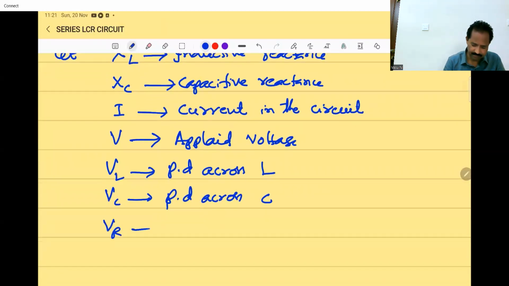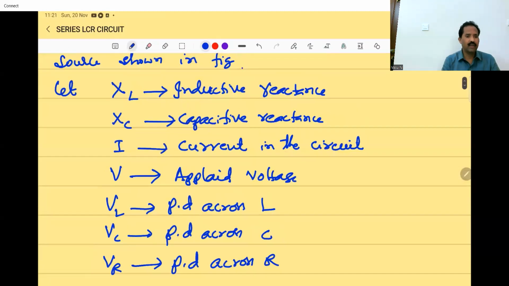VR is the potential difference across R. You have to write this much. I stands for current in the circuit, V stands for applied voltage, VL is PD across L, VC stands for PD across C, VR indicates potential difference across R.